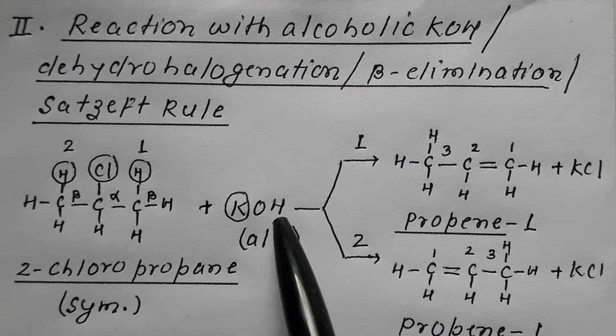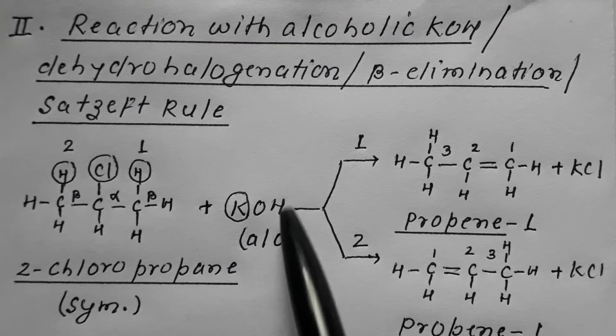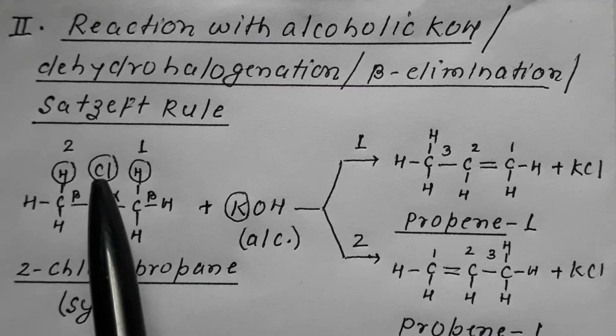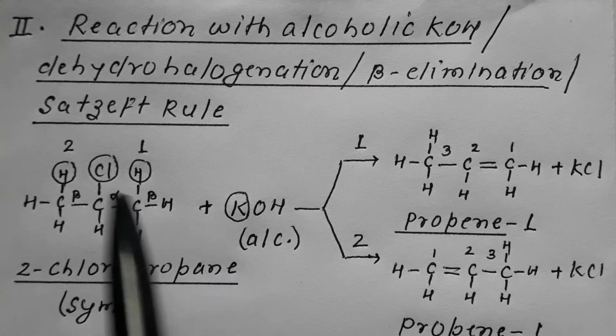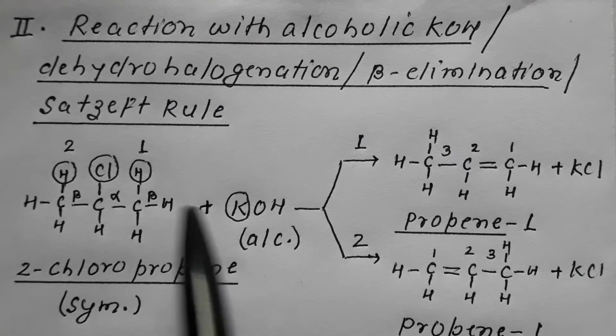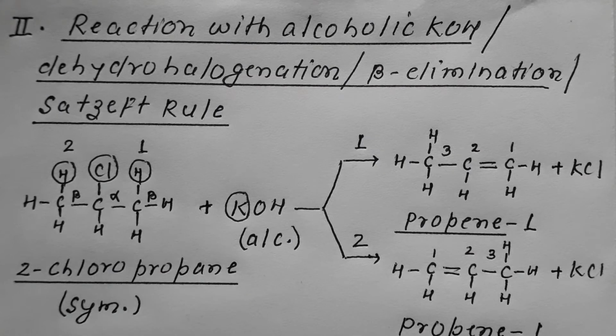Now suppose this compound, 2-chloropropane, is made to react with KOH dissolved in alcohol, that is alcoholic KOH. We are aware that alcoholic KOH has the property of elimination. It is an eliminating agent. So what happens? The Cl from here and K from here go in the form of KCl.